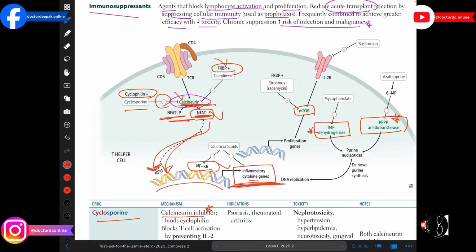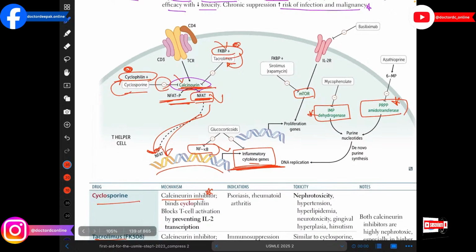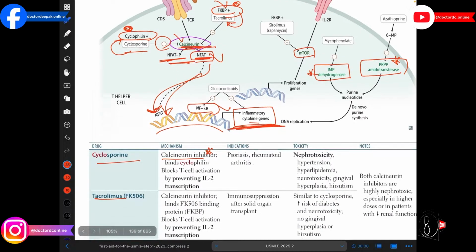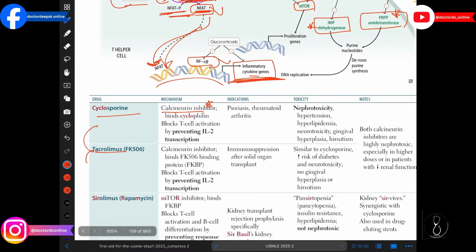We can block calcineurin by 2 pathways: by blocking cyclophilin or FKBP. FKBP is blocked by tacrolimus and cyclophilin is blocked by cyclosporine. Both drugs inhibit calcineurin.